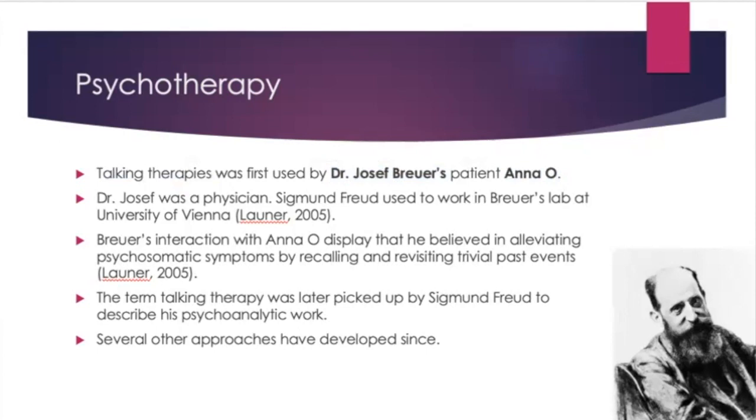So, she had hysteria, and Dr. Joseph was her physician, and he found that the symptoms related to hysteria got alleviated the more he talked to Anna. And Sigmund Freud used to be a student of Dr. Joseph. So Sigmund used to work in Dr. Joseph's laboratory in the University of Vienna in those days.